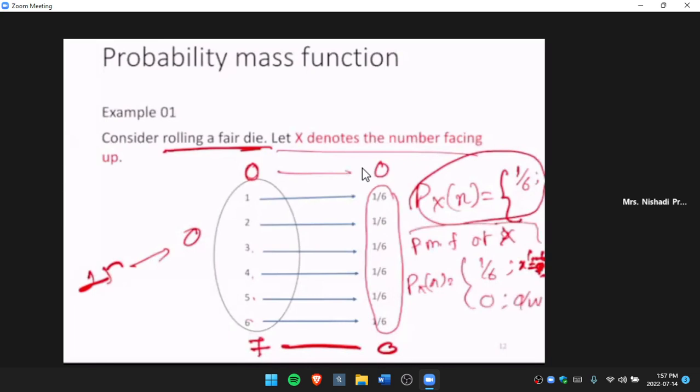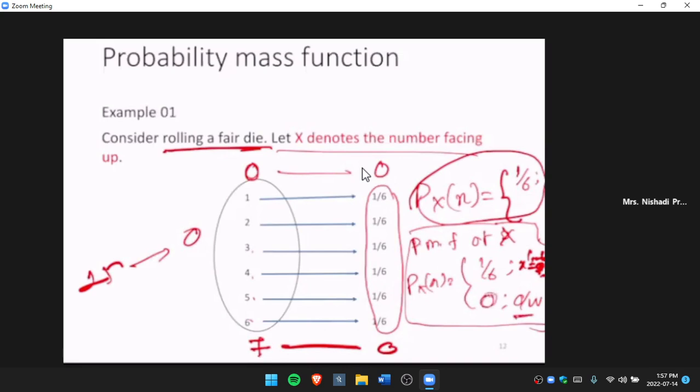Understand? This is the usual way to write the probability mass function of a particular random variable x. The probability is going to be 1 over 6 if the random variable takes value 1 to 6. Otherwise, the probability is 0.